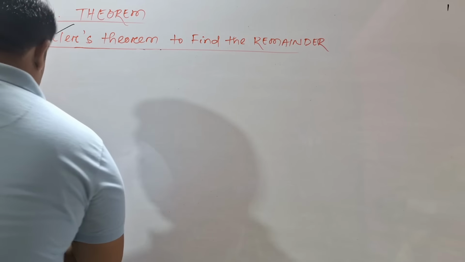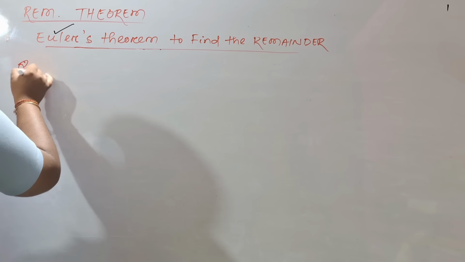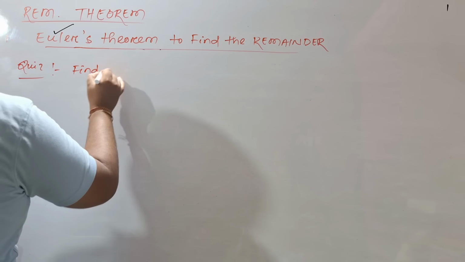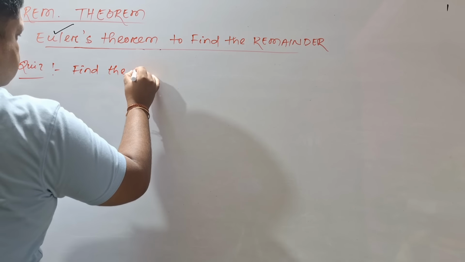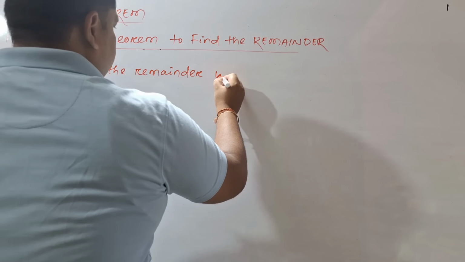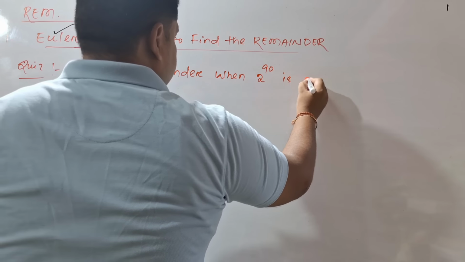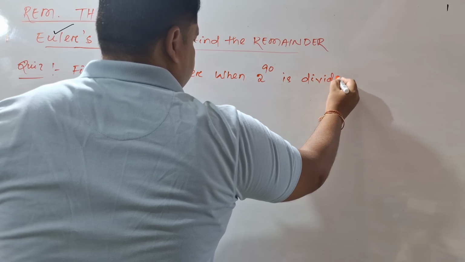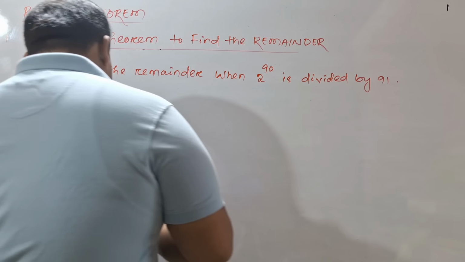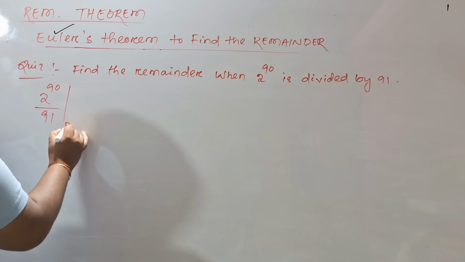Here the question is, find the remainder when 2 to the power 90 is divided by 91. 2 to the power 90 when it is divided by 91, find the remainder.